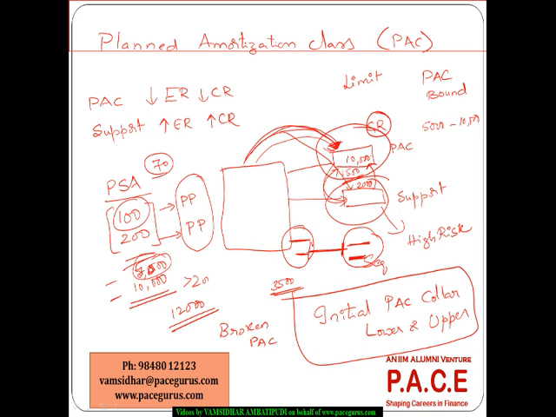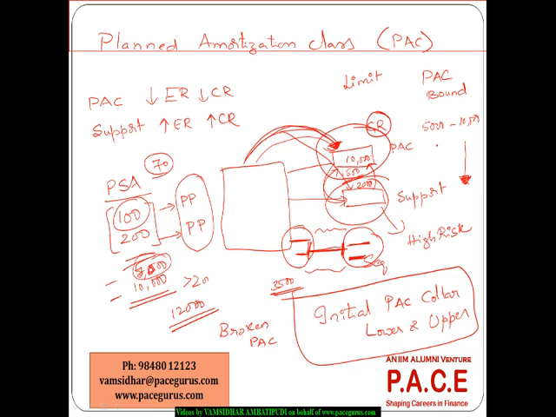For the PAC tranche, as long as we are talking about the PAC collar, say 100 to 200, and the prepayments lie within that range, the average life is more or less constant. Whereas for the support tranche, the average life keeps decreasing as prepayment rates go higher and higher. So there is no protection here.